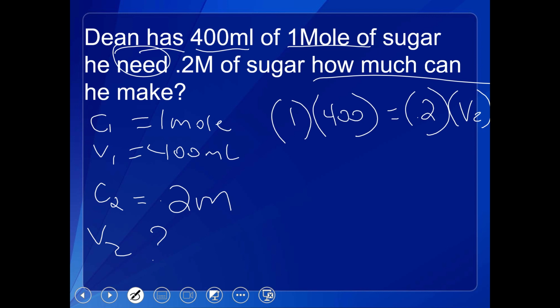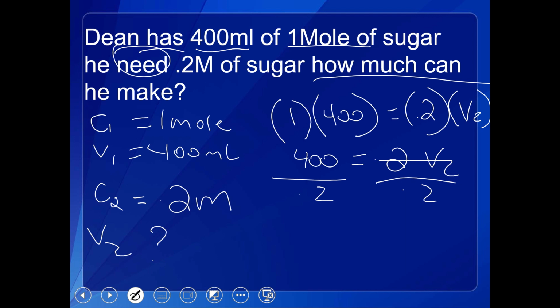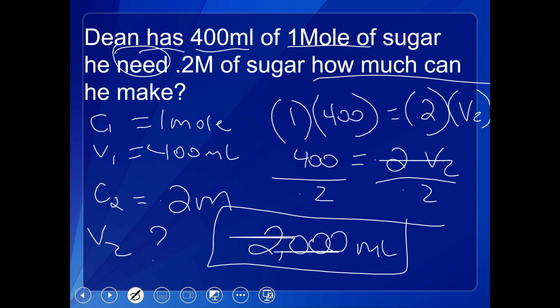So we do the math. 400 times 1 is 400, and you divide by 0.2. You're going to get a big number, which is 2,000 milliliters. Box your answer and move on.